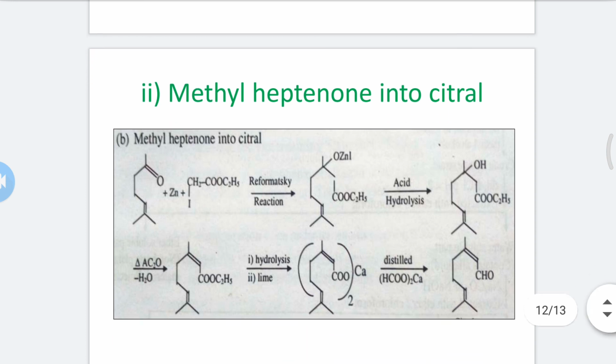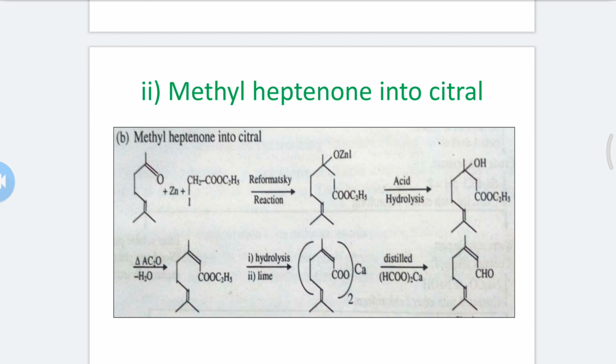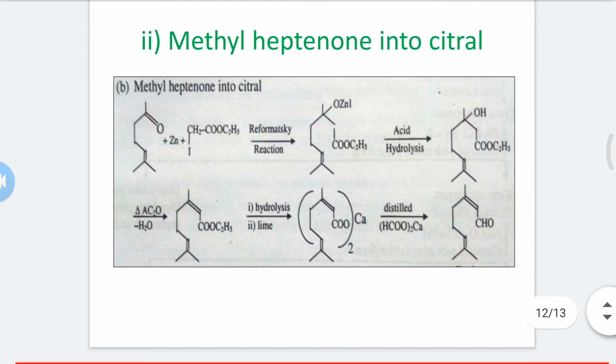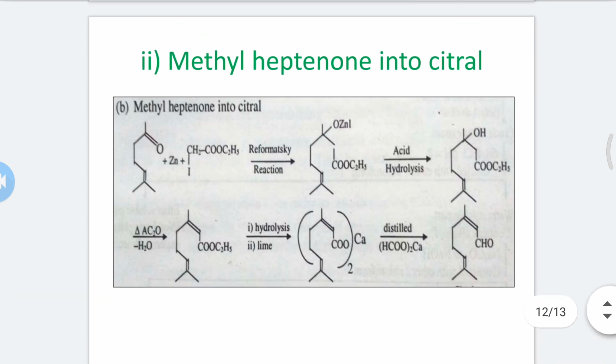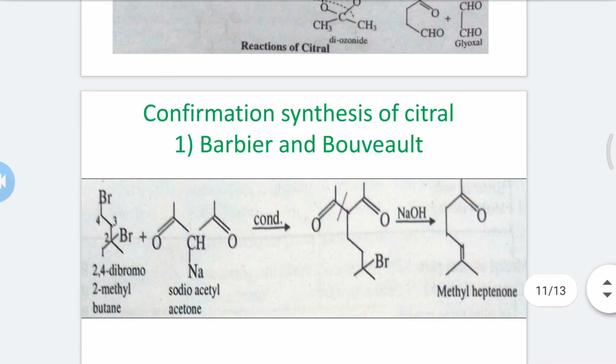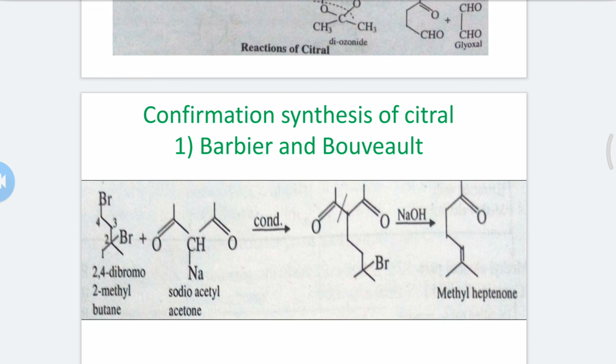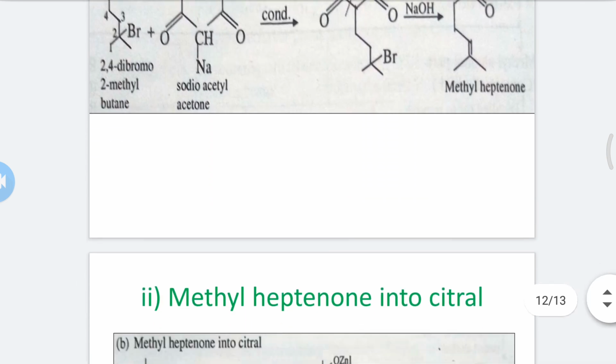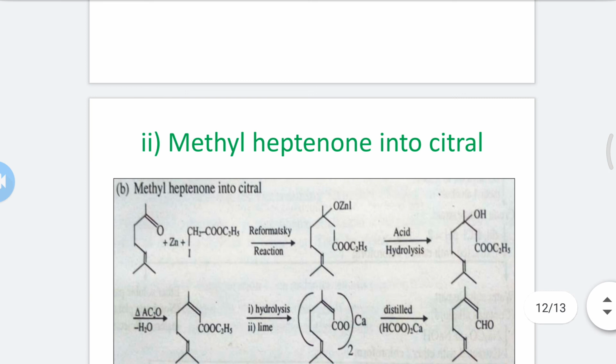Then we use an acid anhydride, and then hydrolysis with lime gives a calcium adduct, and this is distilled to form geraniol or citral. So this is the method for preparation of citral by using the Barbier reaction followed by the Reformatsky reaction, then hydrolysis to give citral.